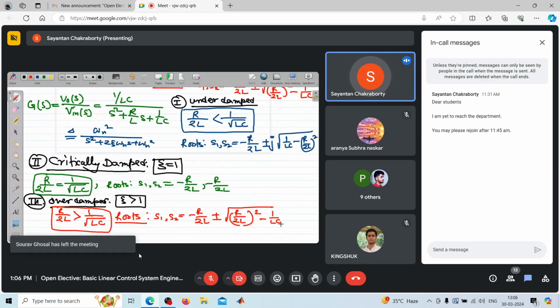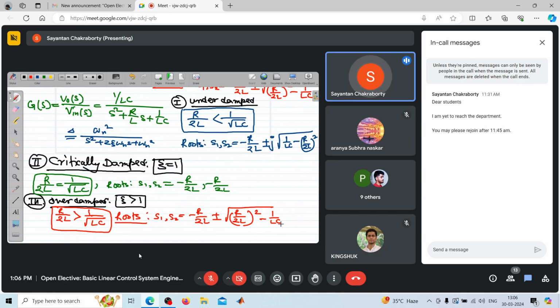Now, these are the different scenarios or different conditions. And see, in each and every condition, if you consider L and C to be constant, then by changing the value of resistance you can have different scenarios.